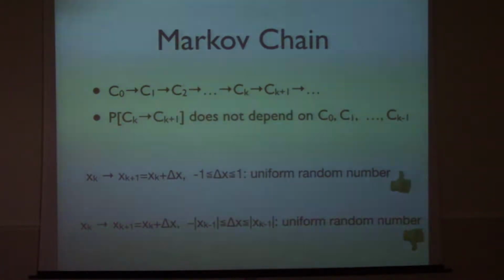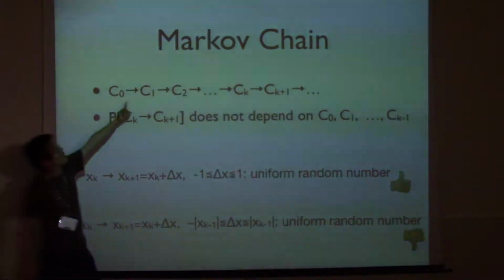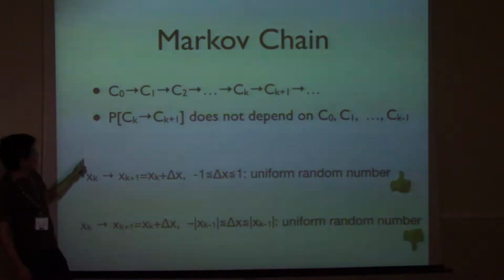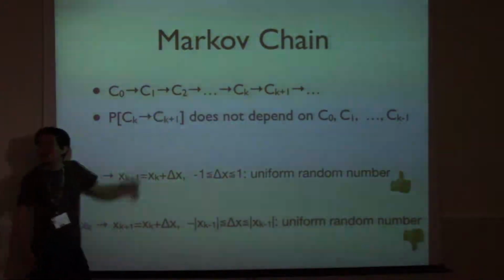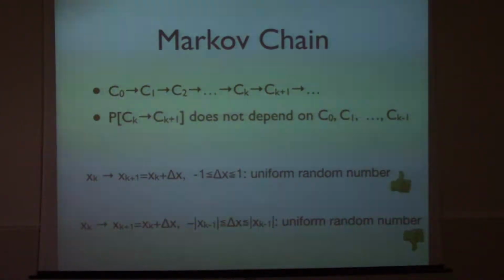Just for simplicity, consider the case of a one-variable integral. We have just one variable. You have a chain of x's, and xk just means the value at step k.